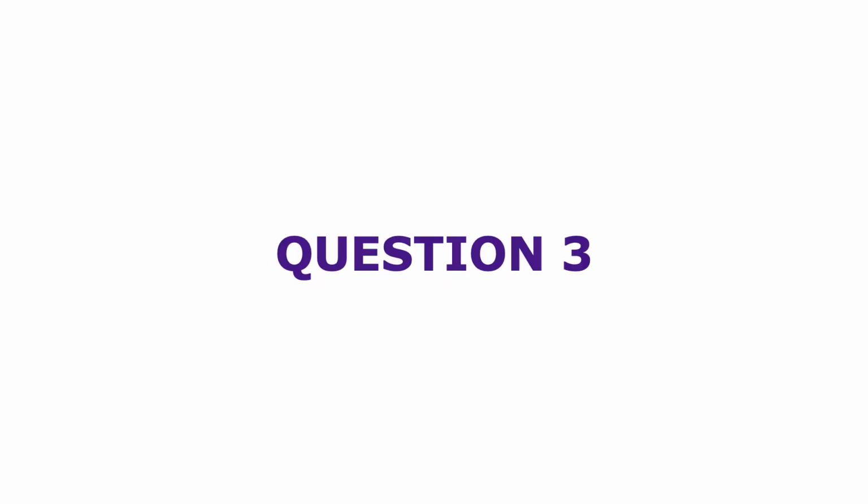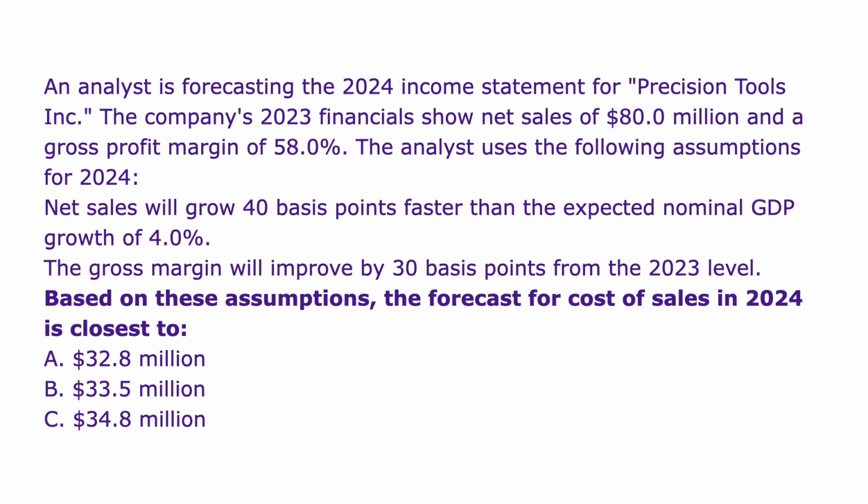Question 3. An analyst is forecasting the 2024 income statement for Precision Tools Incorporated. The company's 2023 financials show net sales of $80.0 million and a gross profit margin of 58.0%. The analyst uses the following assumptions for 2024.